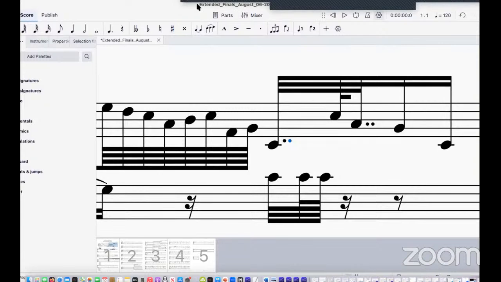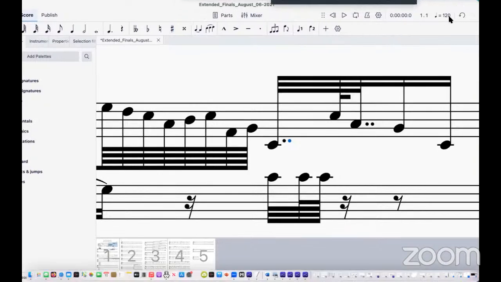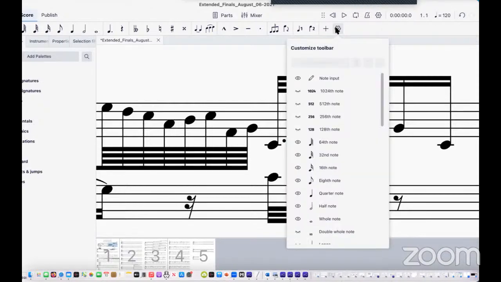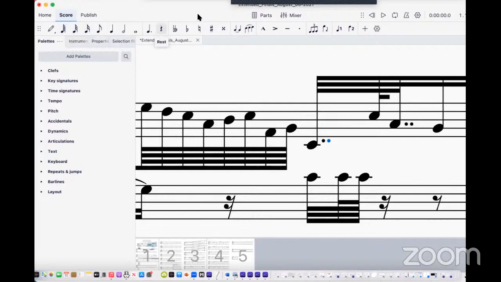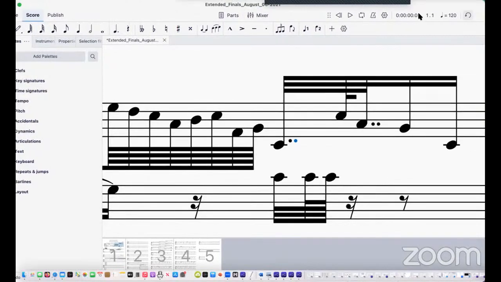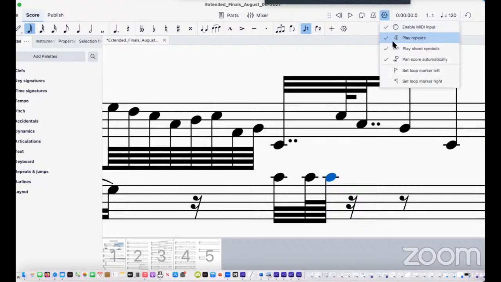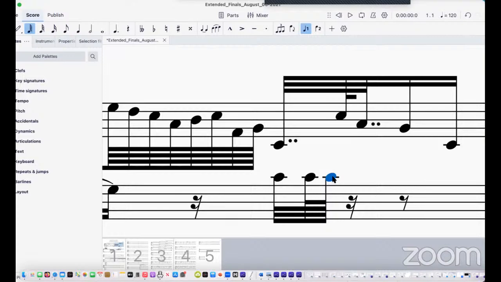No, it did not add. My apologies, I do not know how to add the 128th notes here.